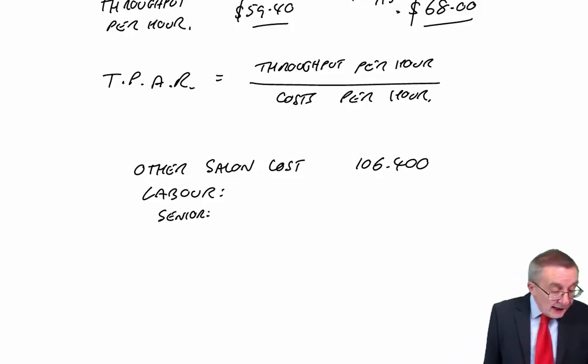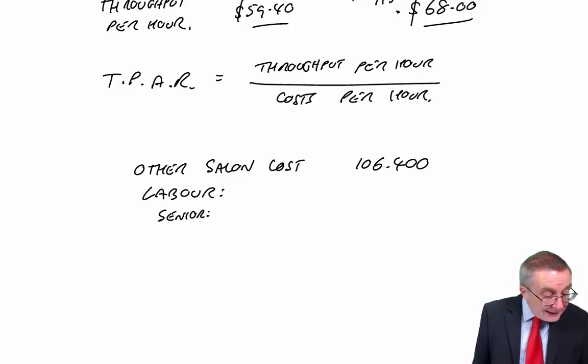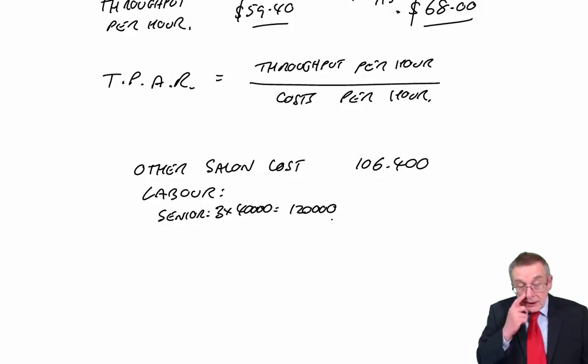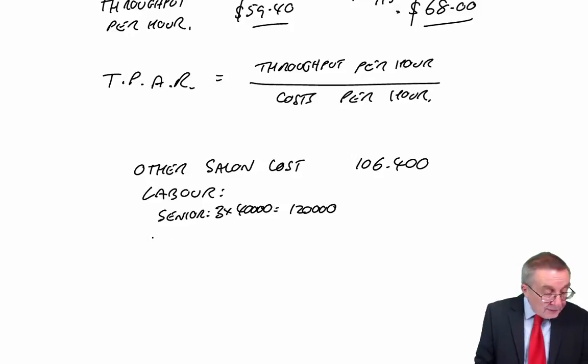Certainly the way I read it, senior stylists are paid 40,000 a year. There are 3 of them, so in total, £120,000. Before I explain the alternative, just let me finish it.